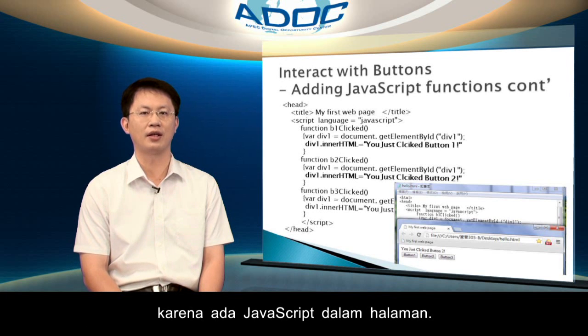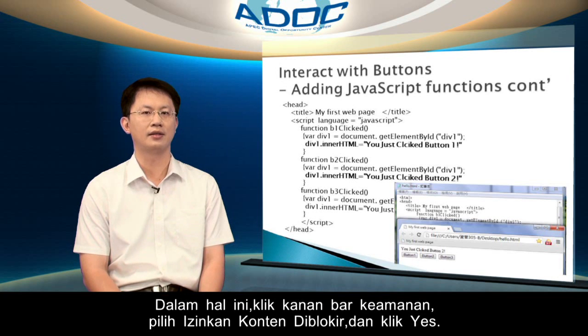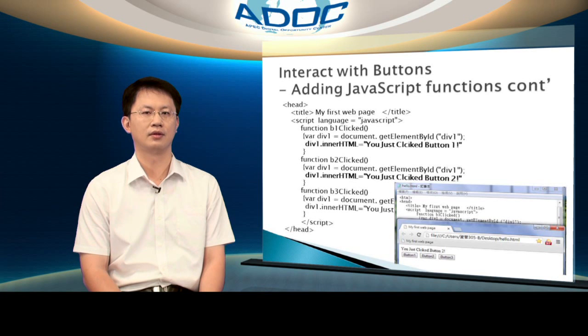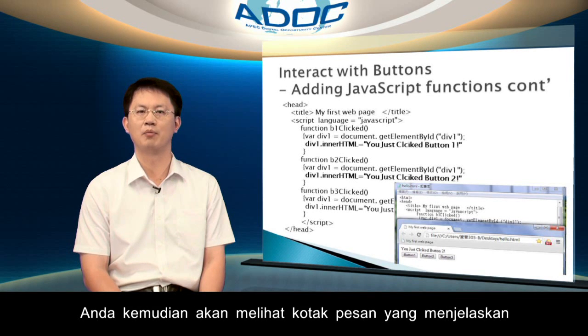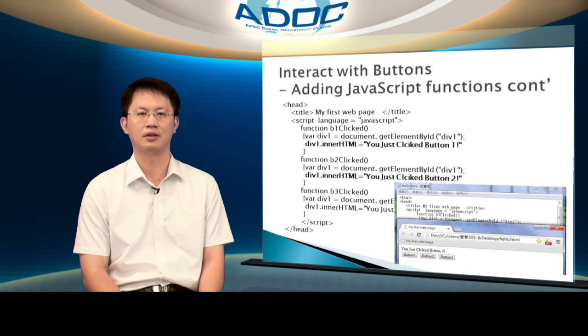Because there is JavaScript in the page, in this case, right-click the security bar, select Allow Blocked Content, and click Yes. You will then see a message box explaining the dangers of allowing script to execute within web pages.